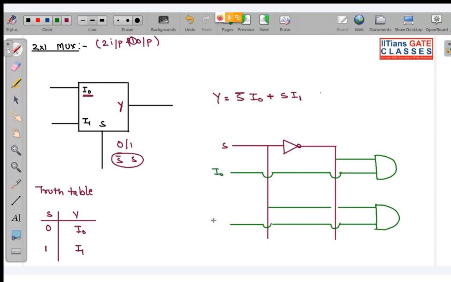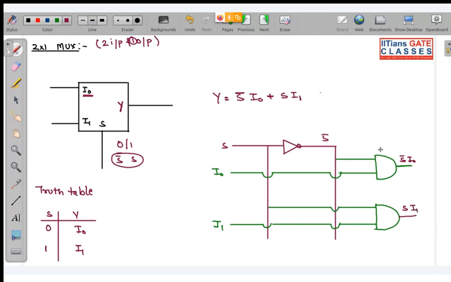This will be what? You can see this is S complement. So the output of this will be what? It will be S complement I naught, and output of this will be what? S. This will be S into I1.